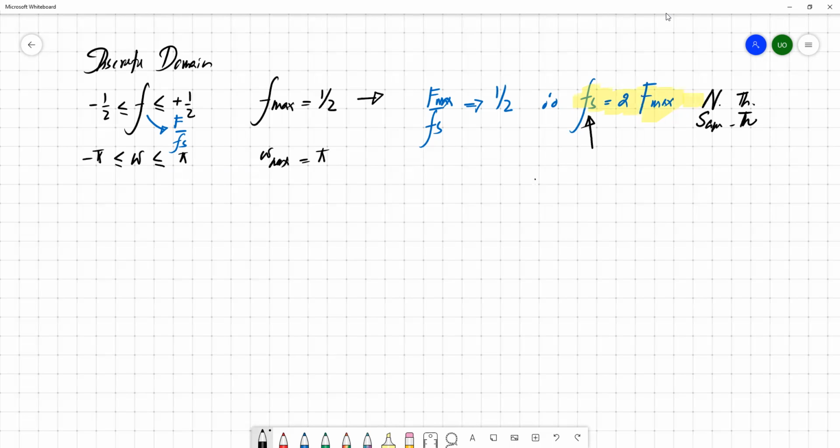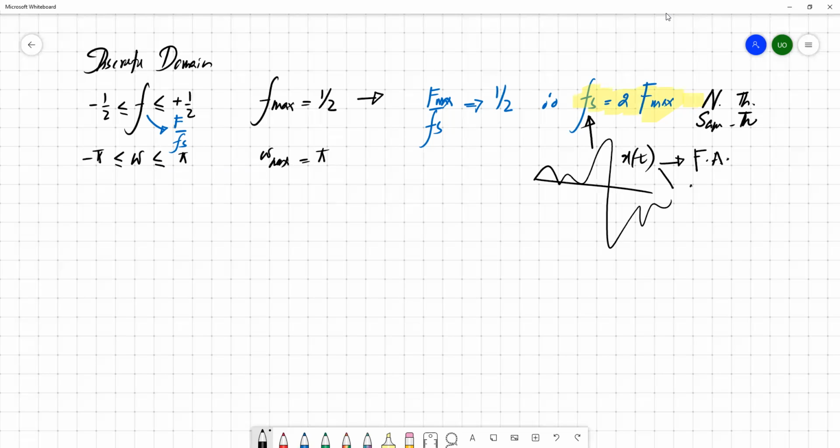For example, we have this kind of random signal, x(t). If you apply Fourier analysis, we can come across how many frequency components are inside this x(t). We can simply capture the frequency components inside it.